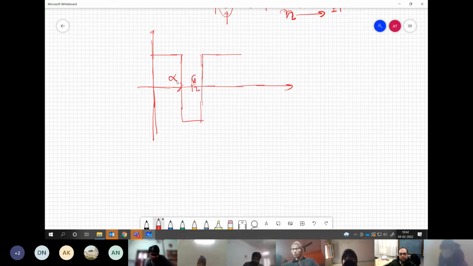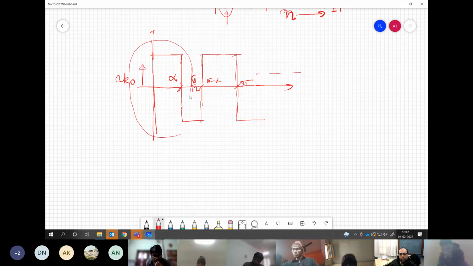That means if this is alpha, all other angles are placed appropriately. This is pi minus alpha, and then we have the negative half cycle with all the angles. The three-phase system is also balanced, so we only need to analyze 1/4 cycle of VRO, and we can understand the properties of the complete three-phase waveform.